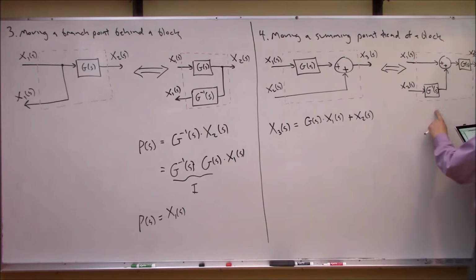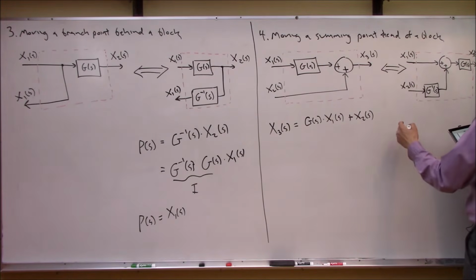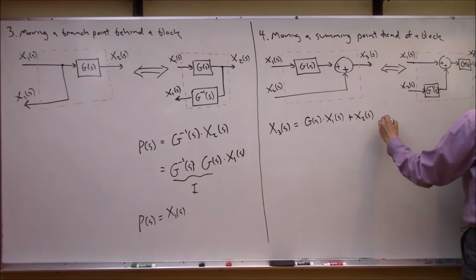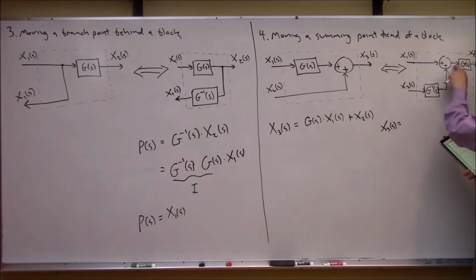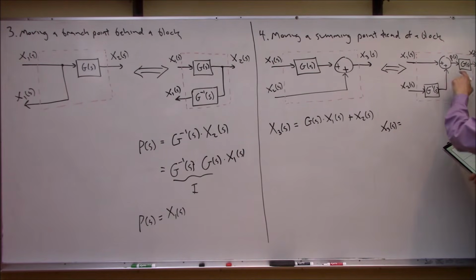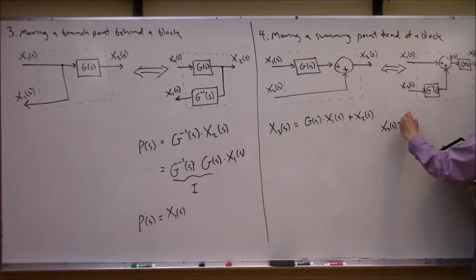Now, what about the system we claim is equivalent? Let's take a look. We see that x3 is going to be g of s times this signal right here. Let's temporarily call this signal coming out of the summing block p of s. So x3 is g of s times p of s.